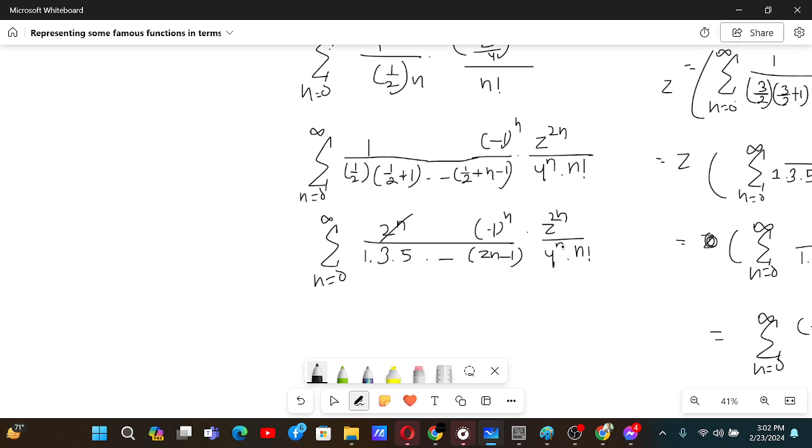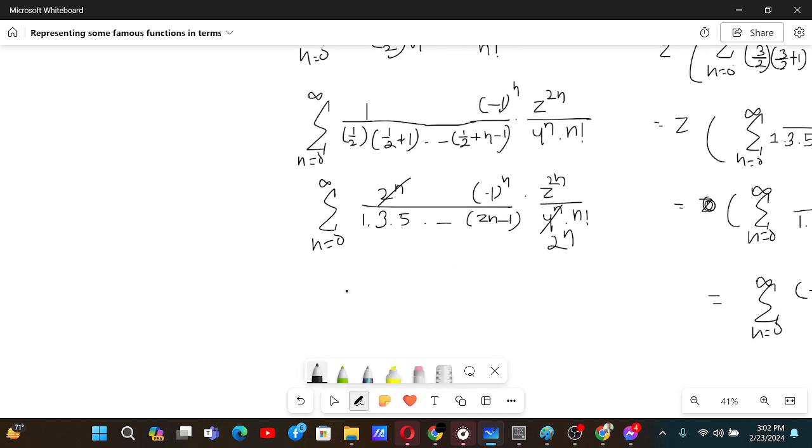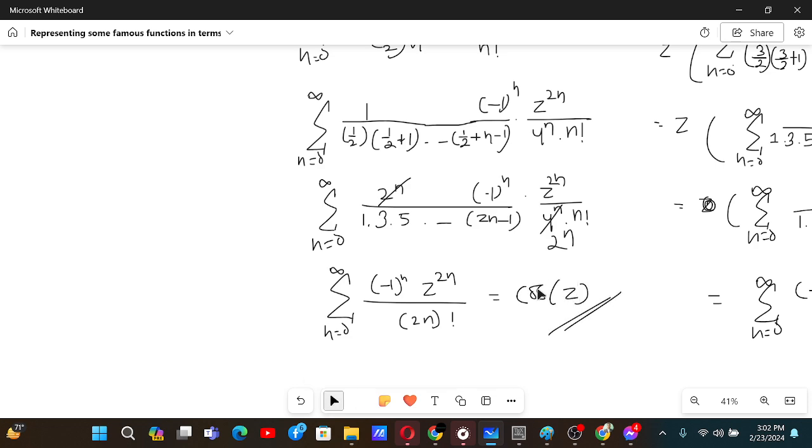Now there's a nice cancellation, 2 to the power n. Now we can merge this 2 to the power n and n factorial and then combine over here. That gives us sum from n equals 0 to infinity minus 1 to the power n, g to the power 2n by 2n factorial. And we know that this is just cos of g. So we have finally prepared this one as well.